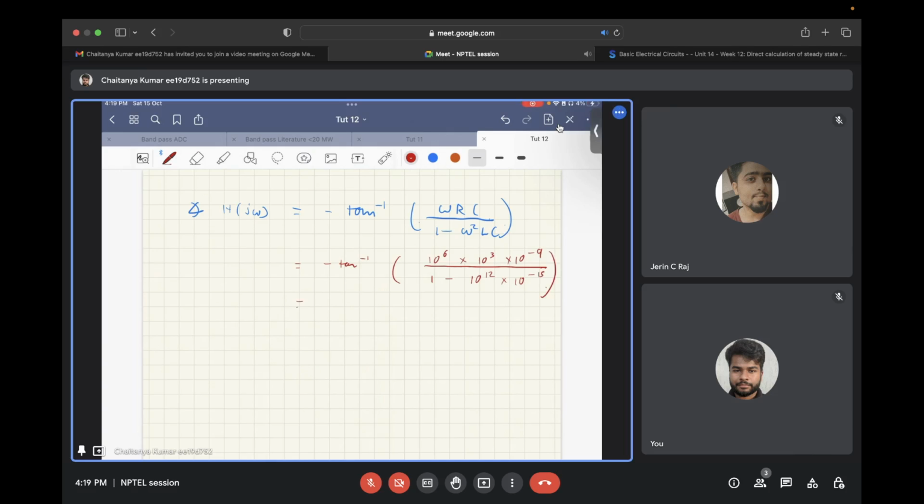So now the numerator goes to 1, and again in the denominator it's 1 minus 10 to the power minus 3, which is approximately equal to 1 again. So it's tan inverse 1, and tan inverse 1, we know, is 45 degrees, with the negative sign giving minus 45 degrees.